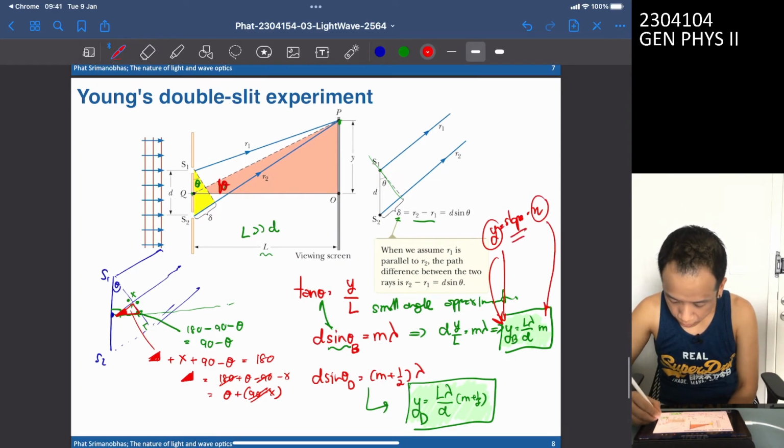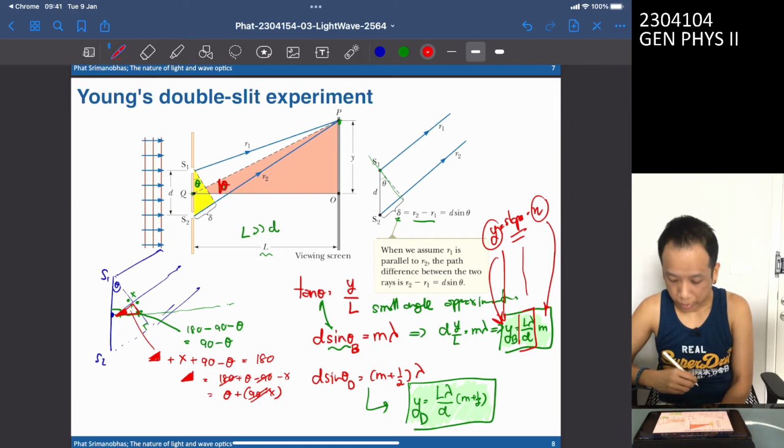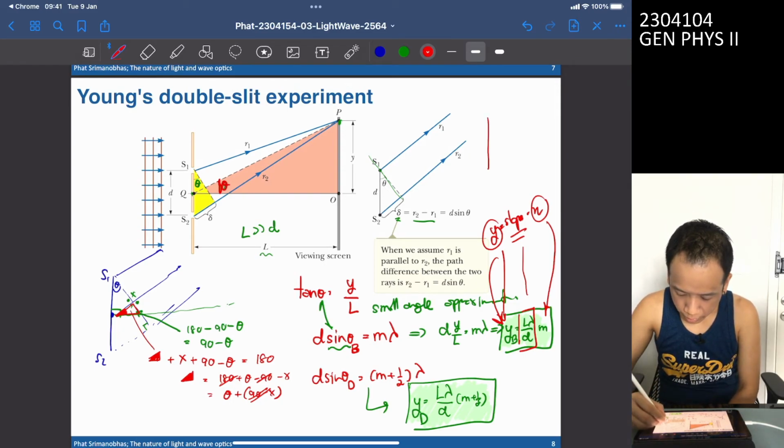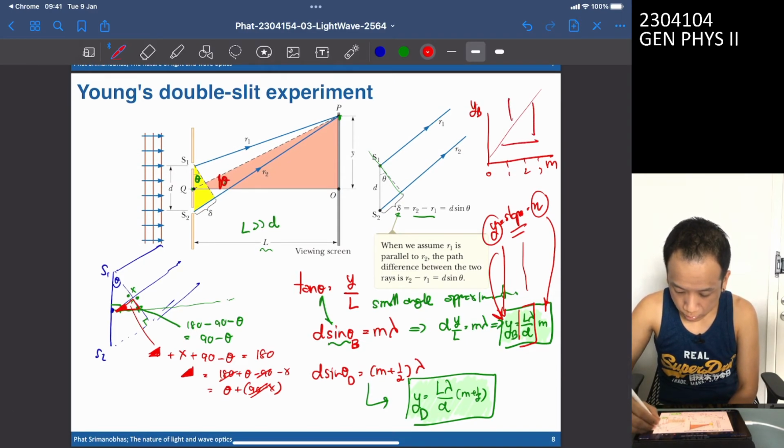So the slope is L lambda over D. When you do this, y bright versus m, where m is 0, 1, 2, 3, whatever, you make the plot, you measure the slope, so the slope becomes L lambda over D, right?